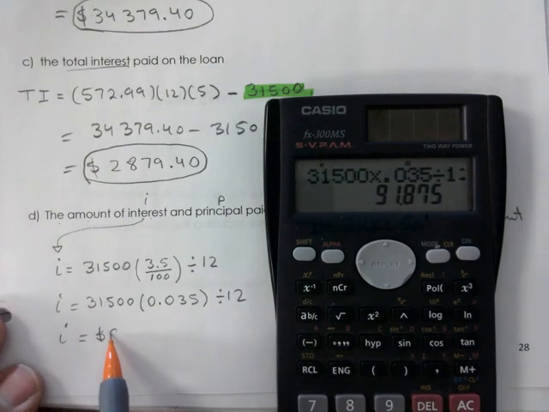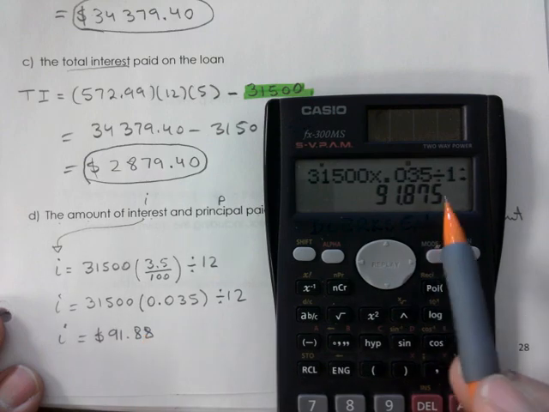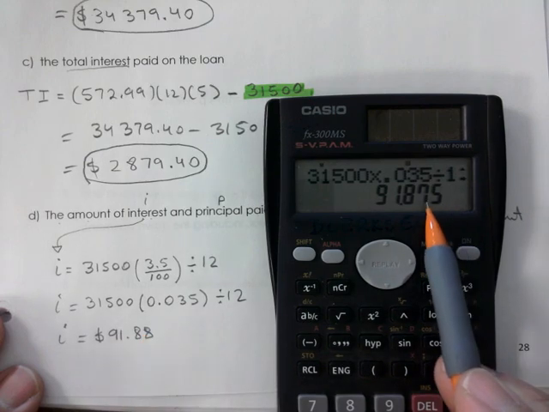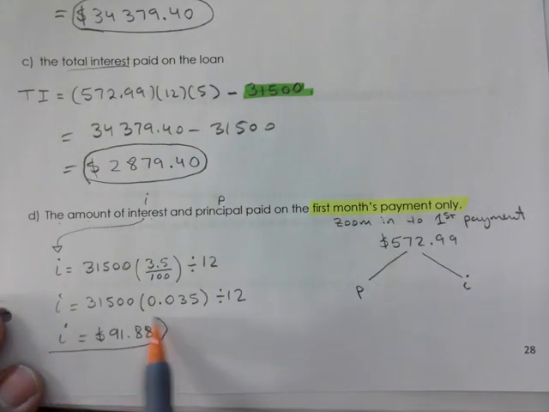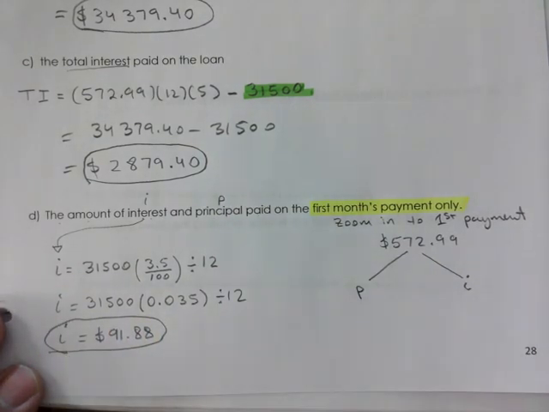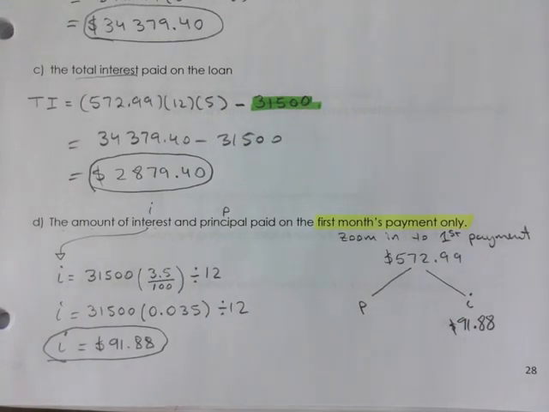And so my first month would be 91.88. It's 875, the 5 bumps that to an 8. So there you go. This is what they're asking for. Okay, this is the 91.88. Remember I showed you on my iPad the breakdown?